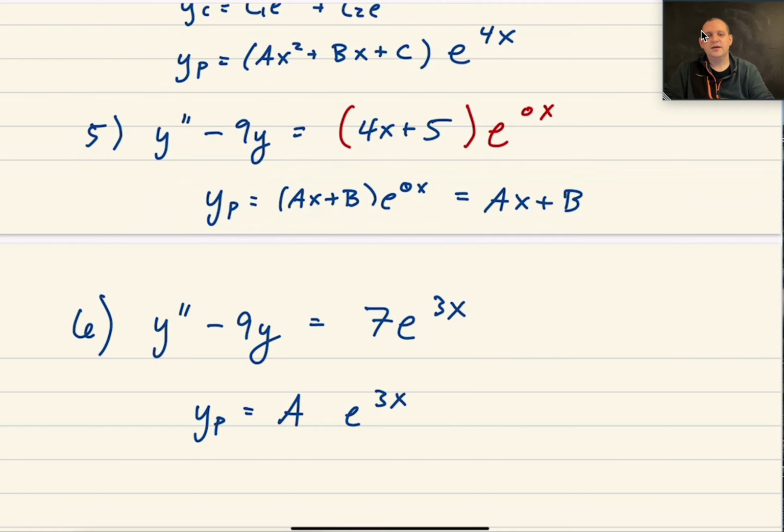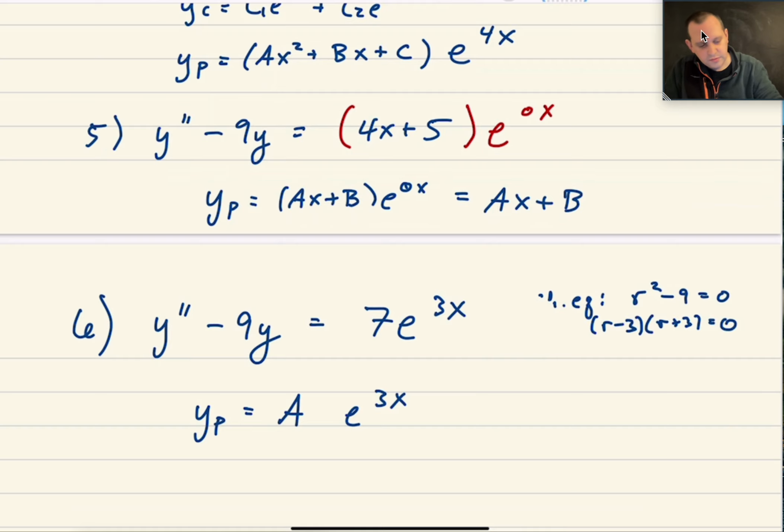But because 3 is a root to the characteristic equation, I think this is actually worth writing. The characteristic equation is the equation r squared minus 9 equals 0. We have r minus 3 to the first times r plus 3 to the first equals 0.